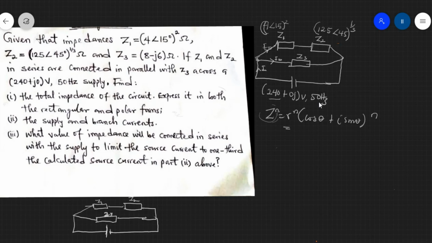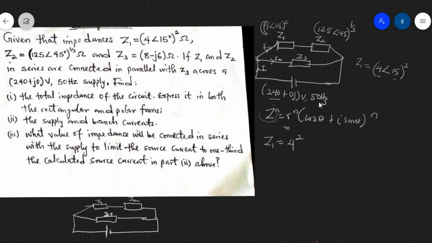So if we apply it here to our z1, remember we said our z1 is 4 angle 15 degrees, all raised to the power 2. This will affect the 4 by squaring it, and the power will be distributed in the cosine.